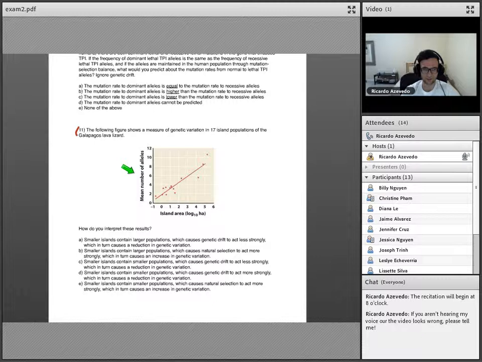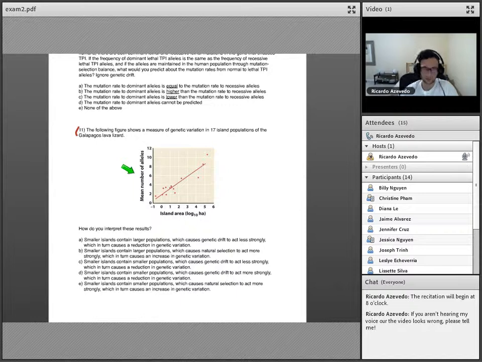On the x-axis, it doesn't matter if it's logarithmic, it's just the island area, the size of the island. So how do you interpret these results? A, smaller islands contain larger populations, which causes genetic drift to act less strongly, which in turn causes a reduction in genetic variation.